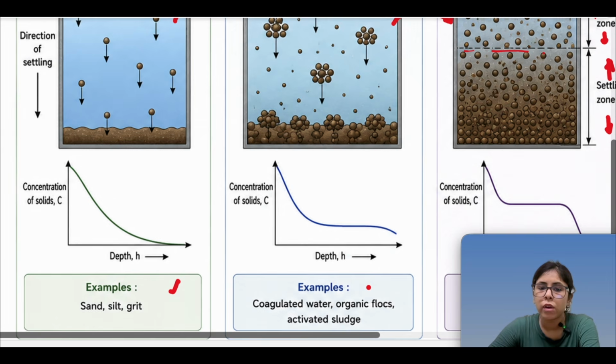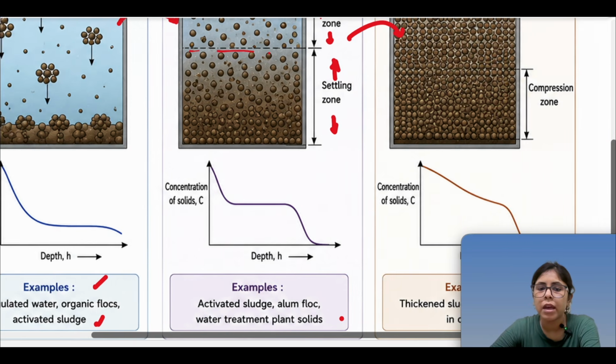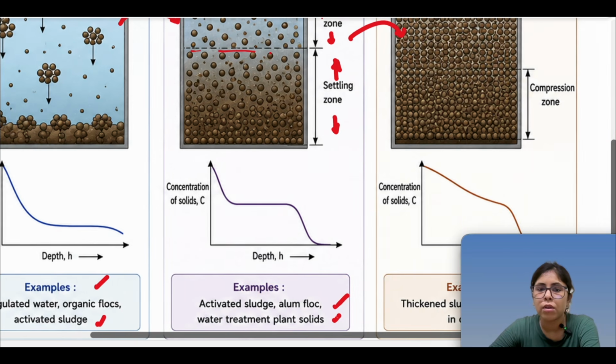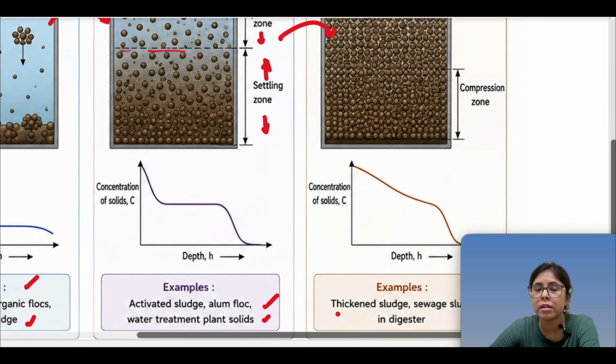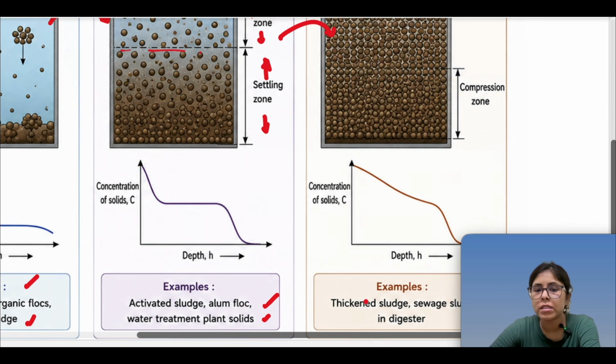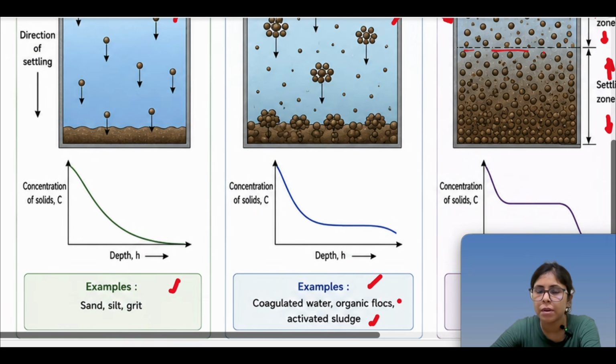Coagulated water, organic flocs, and activated sludge settle like the flocculent one. Activated sludge and lime flocs have hindered settling. And compression settling is for thickened sludge, sewage sludge, and in digesters. So pure sludge will settle by compression settling.